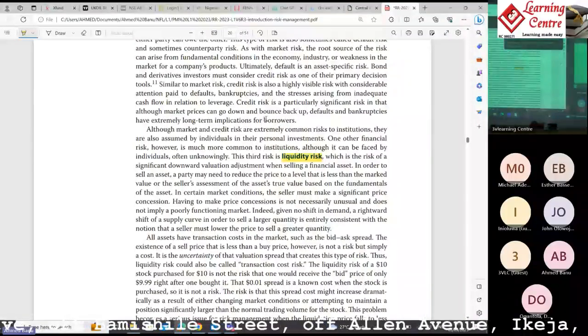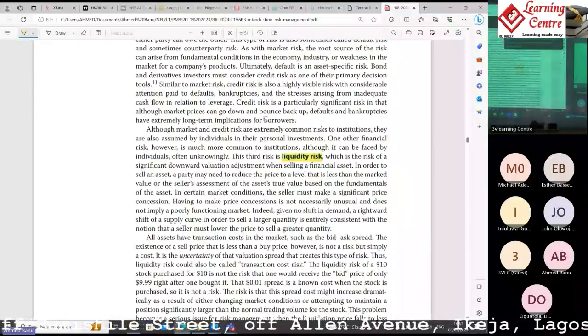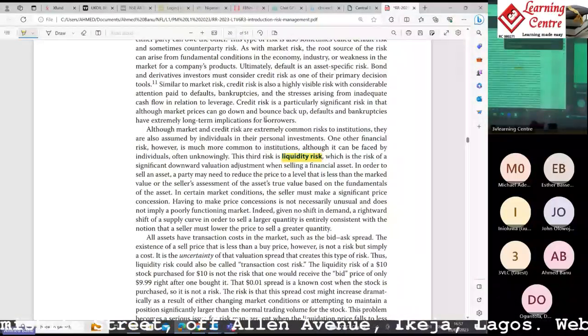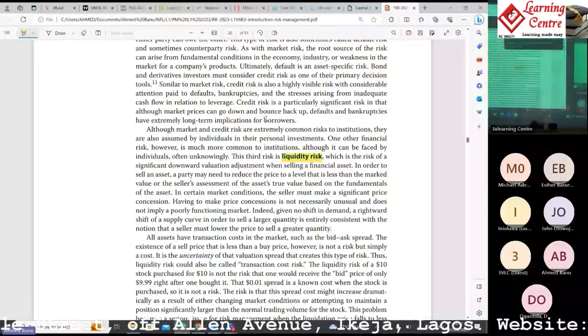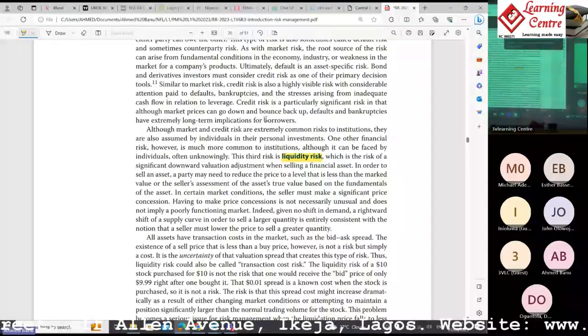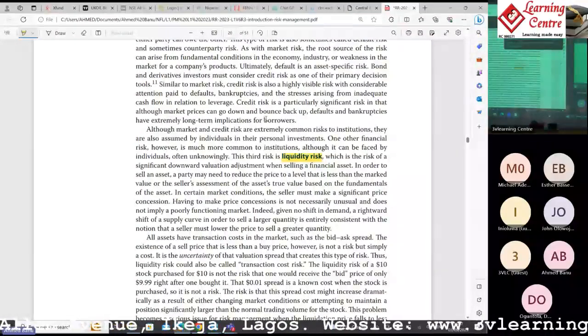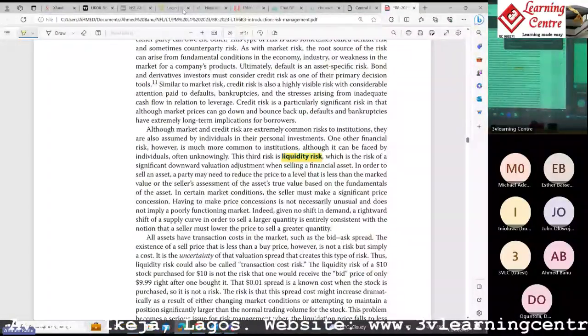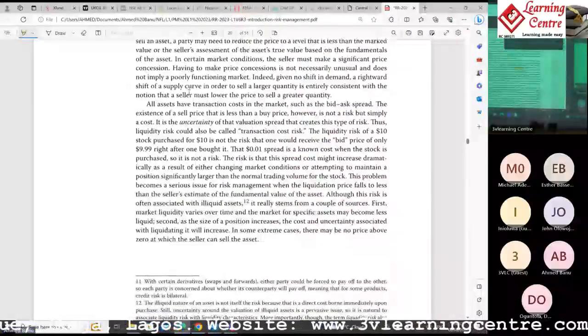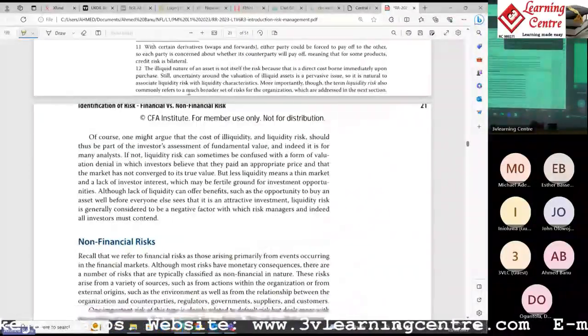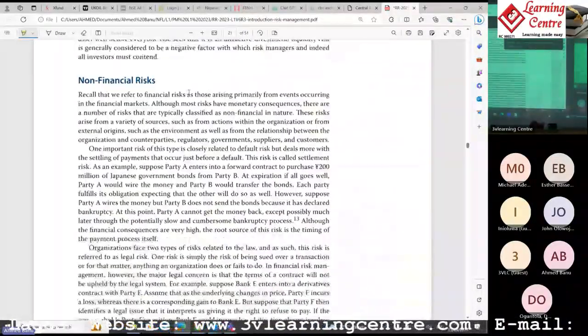So you can also look at liquidity from that angle. But in essence, it is the ability to sell an asset for good value, which is obviously driven by the asset being liquid. If it's not liquid, you won't sell it for good value.